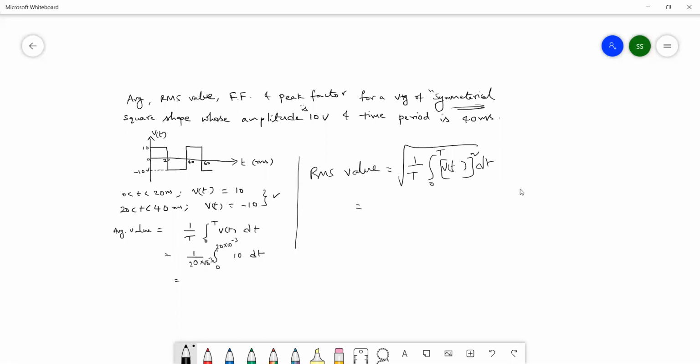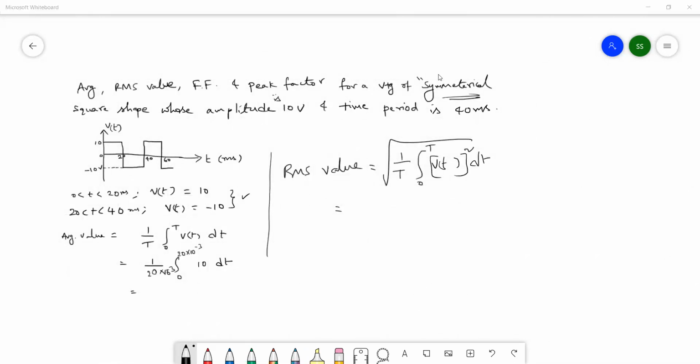Why full cycle for RMS value? RMS value is directly proportional to the heat consumed, the energy dissipated. Therefore we need to consider the full cycle.